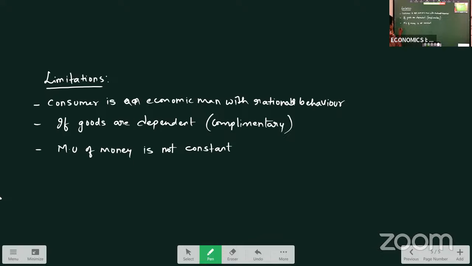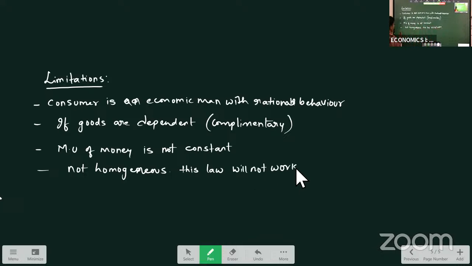That's why it is a limitation for the law. And another point is, if goods are not homogeneous. If goods are not homogeneous means what? One product is big, one product is small. Then this law is not applicable. This law will not work.